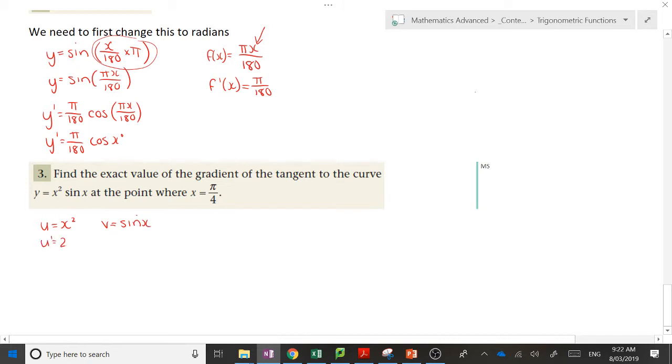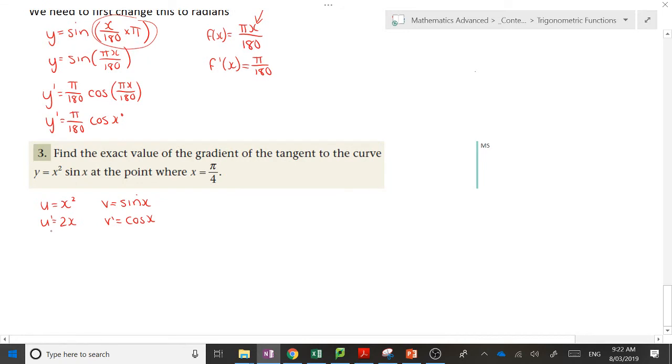So u dash is 2x, v dash is cos x. So the product rule gives 2x sine x plus x squared cos x.